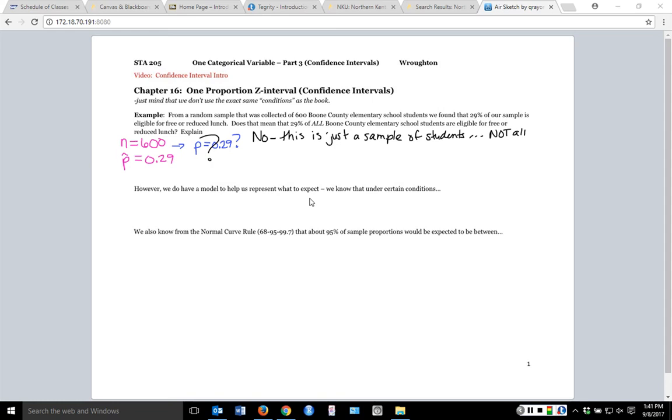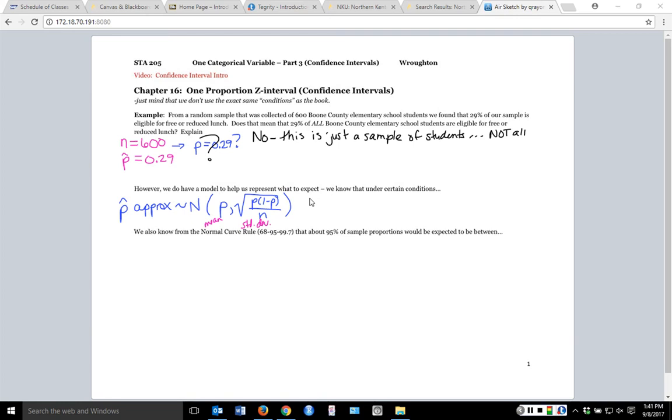We knew that under certain conditions, p hat was approximately normally distributed with a mean of p and a standard deviation of the square root of p times 1 minus p over n. Those were things we talked about way back in the one categorical variable part 1 before exam 1. So we already know that.